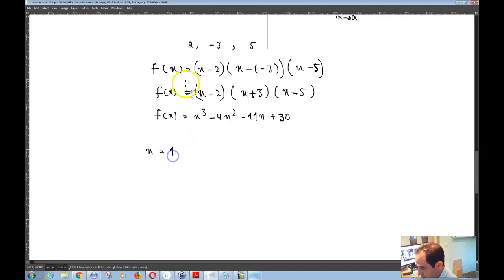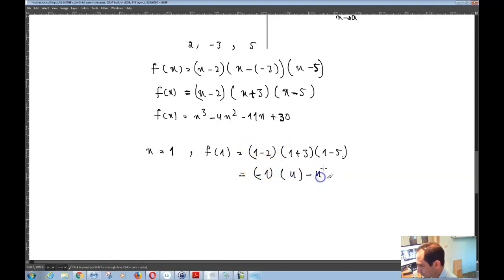At x is equal to 1, of course, the output is going to be f of 1. But there is something interesting that happens here. When x is equal to 1, then f of 1 is actually equal to 1 minus 2, because this is your x, right? 1 minus 2 times 1 plus 3 times 1 minus 5, which is basically negative 1 times 4 times negative 4.